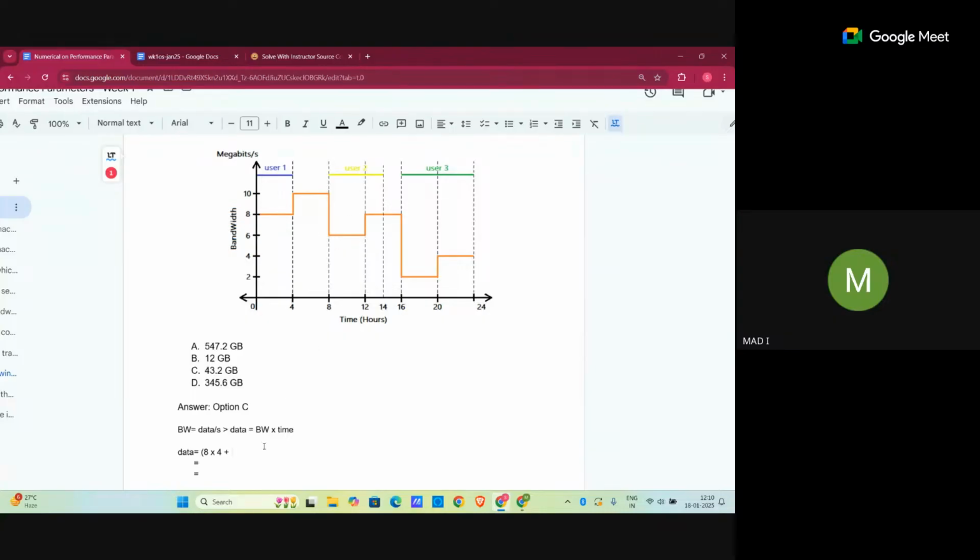So we multiply 6 into 4, plus, for the interval 12 to 14, the bandwidth is 8 and the duration is 2, so 8 into 2, plus, for user 3, the bandwidth is 2 and the duration is 4 hours, so 2 into 4, plus, now the bandwidth is 4 and the duration is 4.